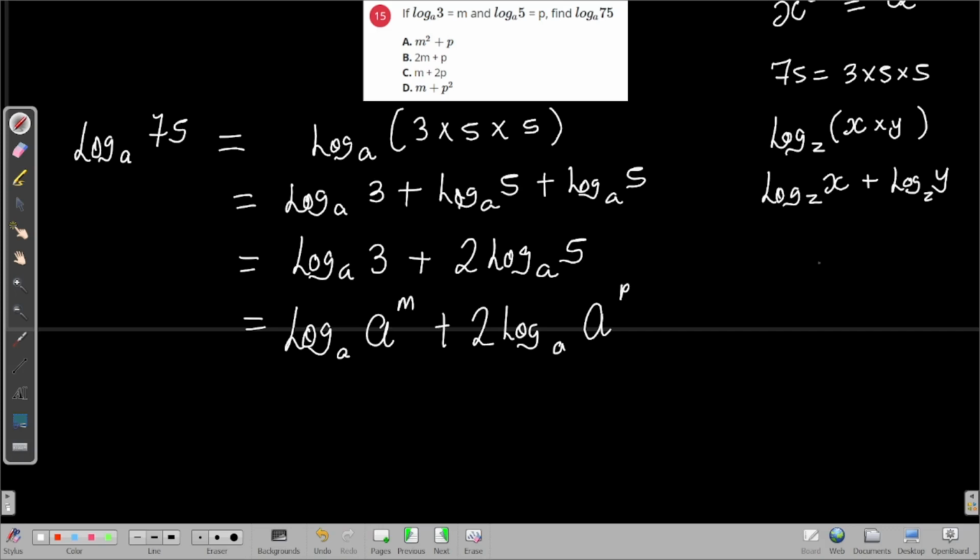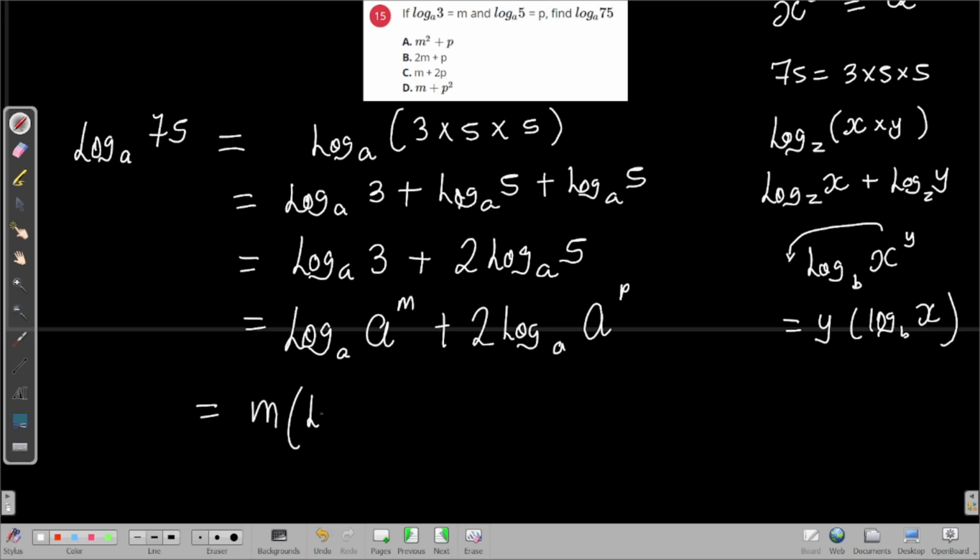Whenever you have powers like this, log x raised to power y in base b is equal to y times log x in base b. So whenever you have a power, you bring it to the front of the logarithm. So let's bring that m times log a in base a plus p times 2 log a in base a.